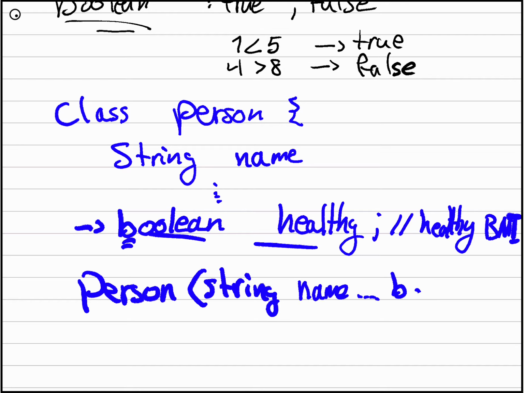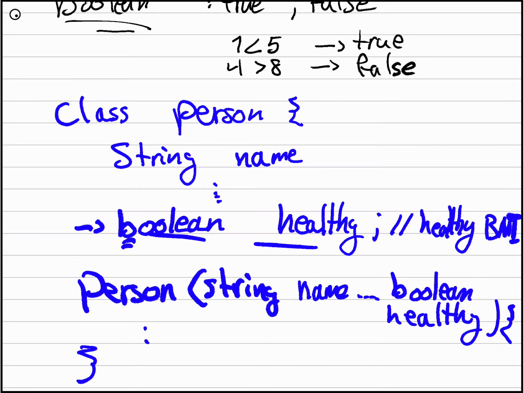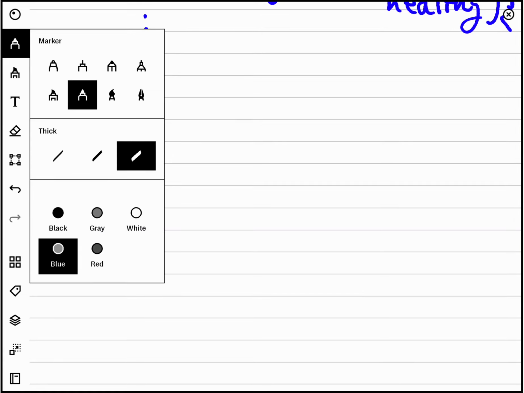Now it should also take boolean healthy. Makes sense. And we're just going to do the constructor as this.healthy = healthy. That's all. Okay. All right, so that's the code for this part.